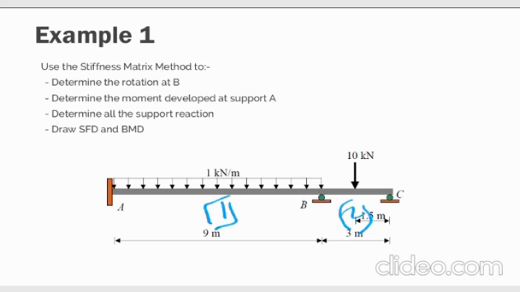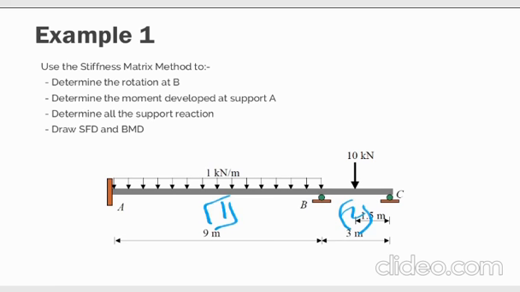So first of all, we should write the global system. In the beam we have two kinds of unknowns. The first one is moment or rotation, and also we have vertical displacement. So how can we draw the rotation and vertical displacement?